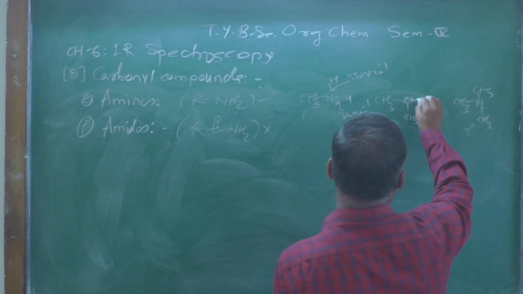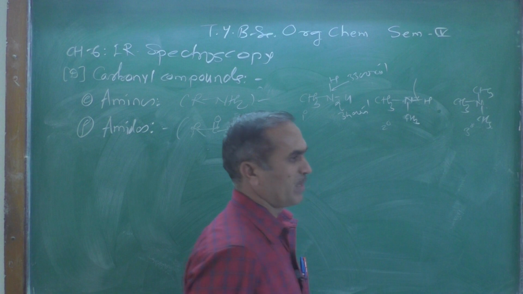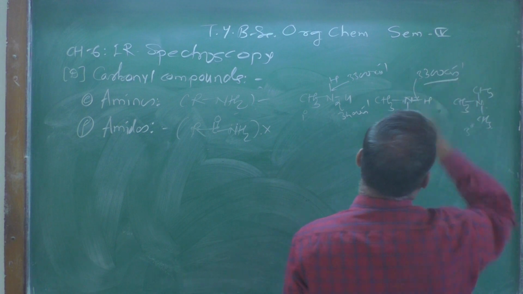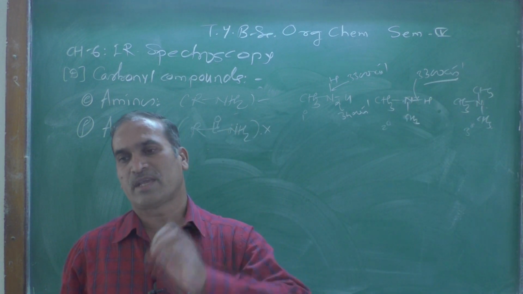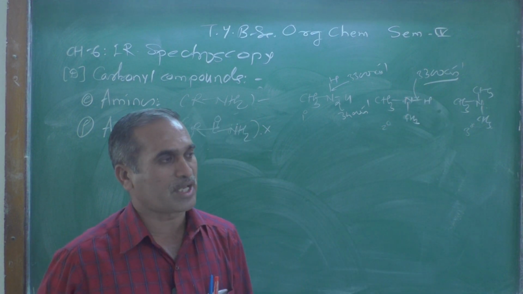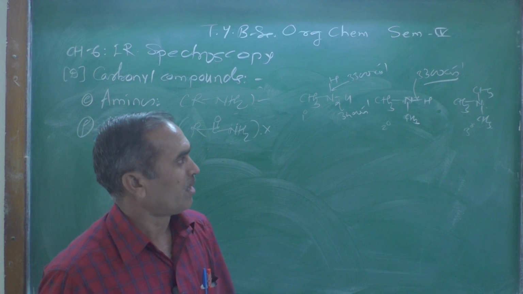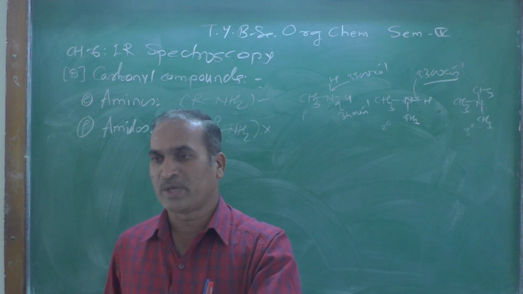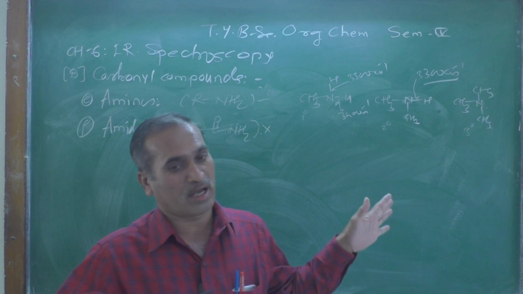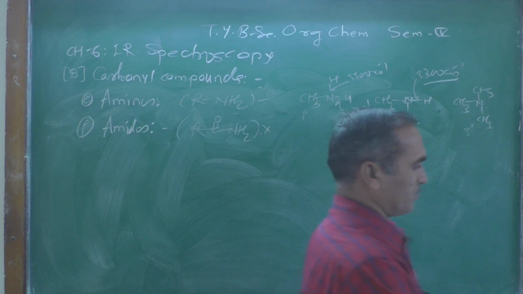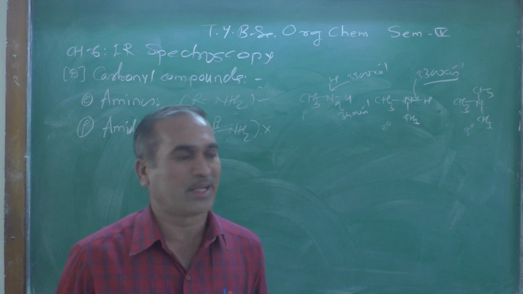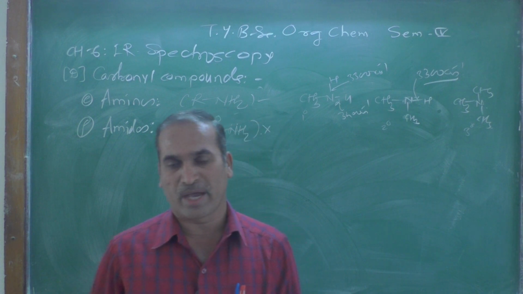In the secondary amine, a single peak appears around 3300 per centimeter. It clearly indicates that this is an NH stretching, which is observed in a secondary amine. And if you take the spectrum and no peak is observed in the 3000 to 3600 per centimeter region, that clearly indicates that a tertiary amine is present.